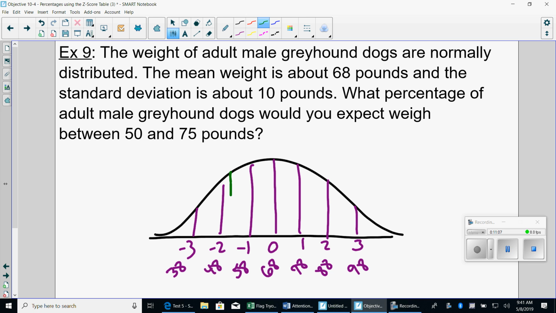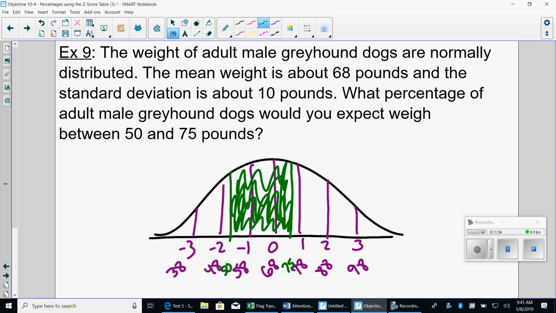So here would be 50. And then I'm going to mark 75. So here would be 75. And I want to know what's between. So you're going to set up two problems, one for 50, one for 75. Find your percentages using your table, and then subtract them.